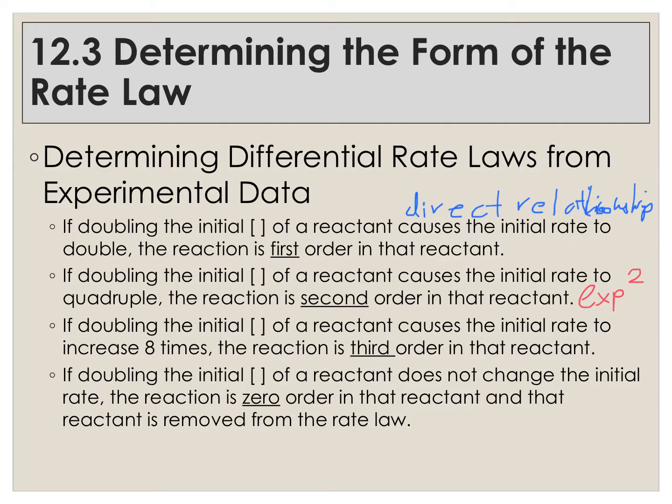Well, it's second order, which we write as an exponent. If doubling the concentration increases the rate by 8 times, well, 2 to the third power is 8. So this would be an exponential change of 3, and we would call it third order.